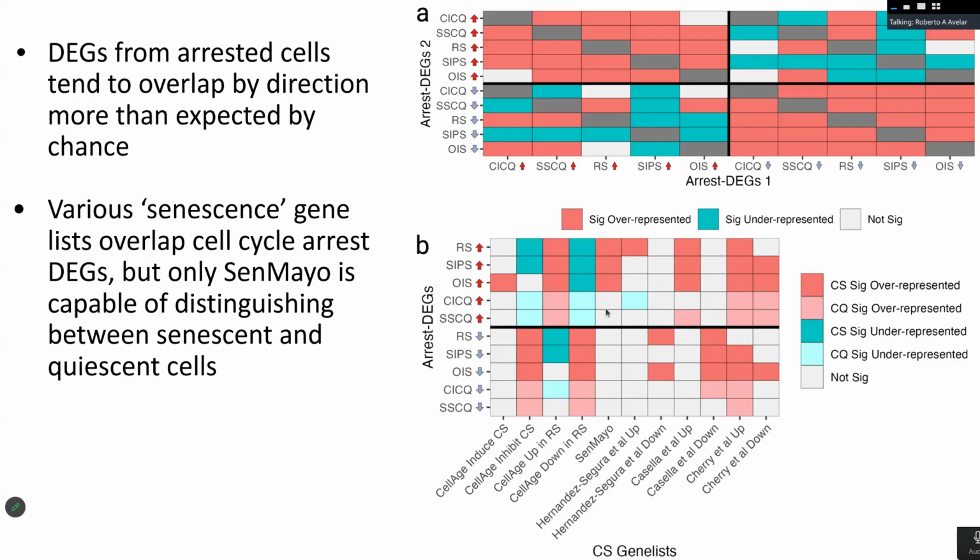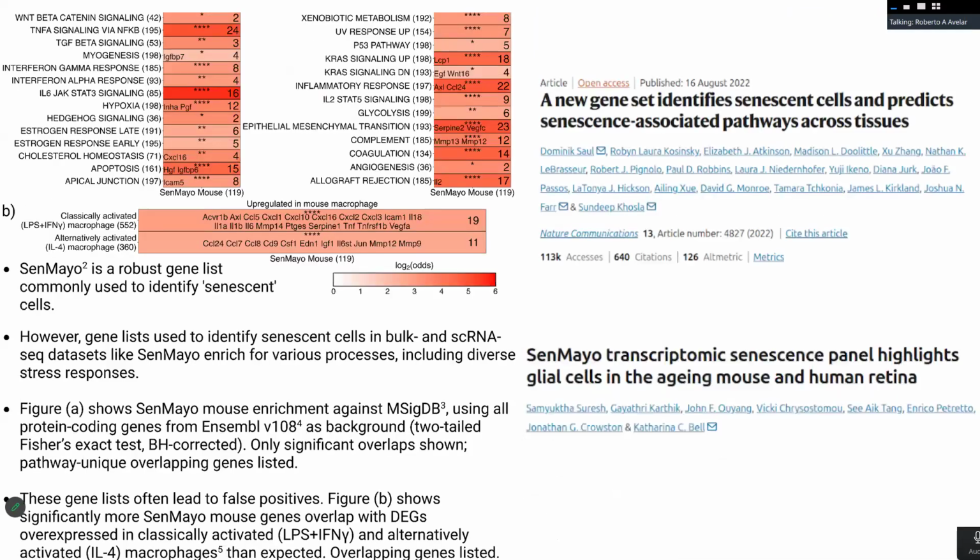So it almost seems like this gene list is quite ideal for capturing cellular senescence, at least in this context. However, when we start digging more into the Sen-Mayo data set, there's a lot of issues. I just wanted to show that this is probably the most popularly used gene list to identify senescent cells. And it's now used as a proxy to identify senescence in aging samples, for example.